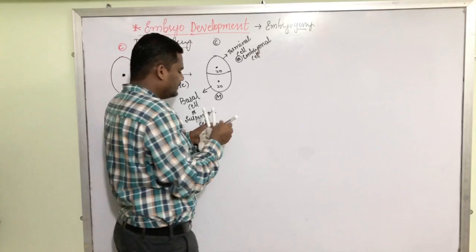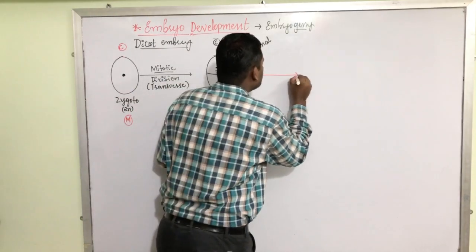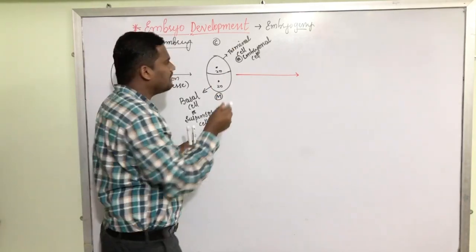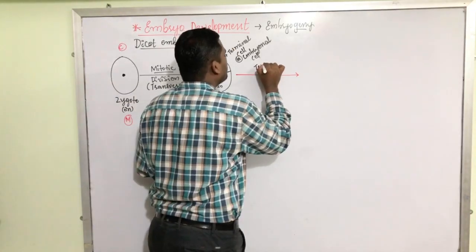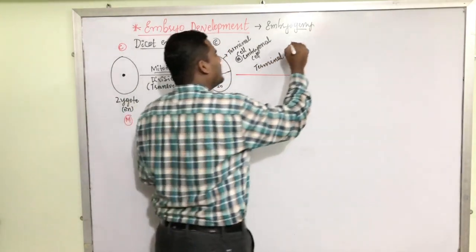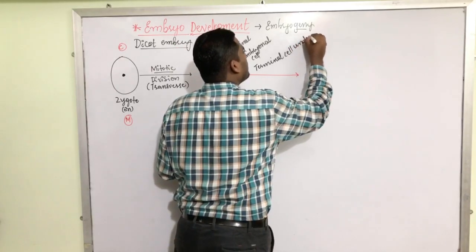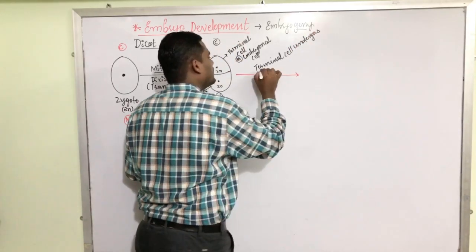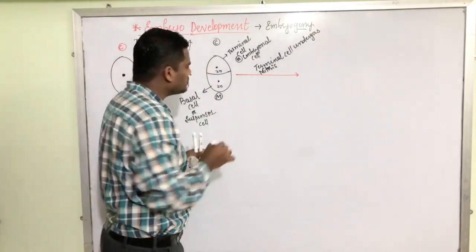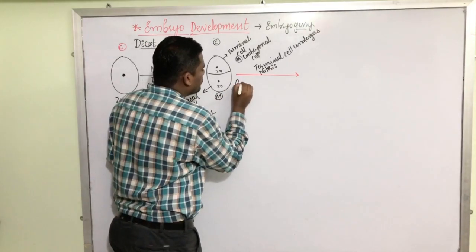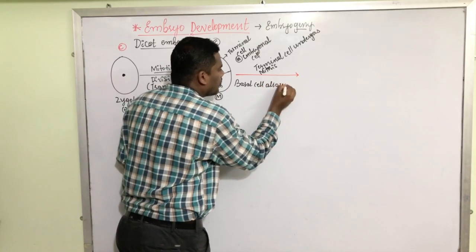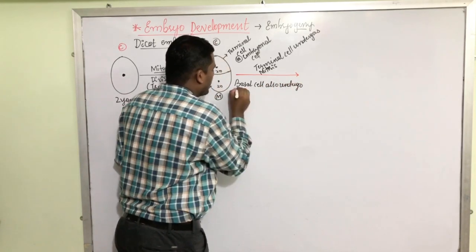Now, after this, the terminal cell undergoes mitosis. Similarly, the basal cell also undergoes mitosis.